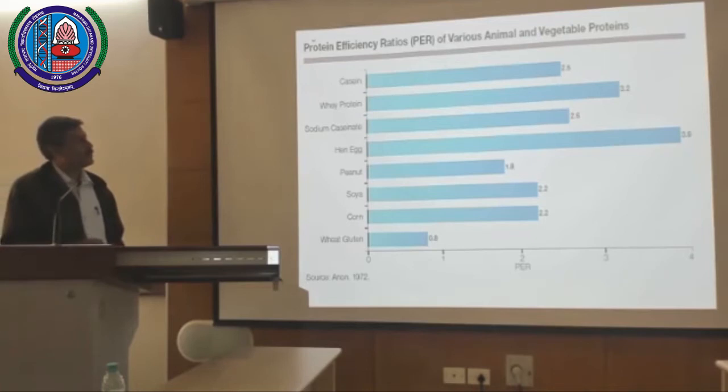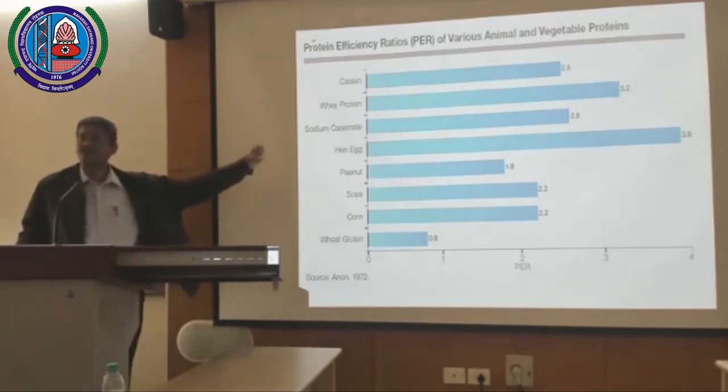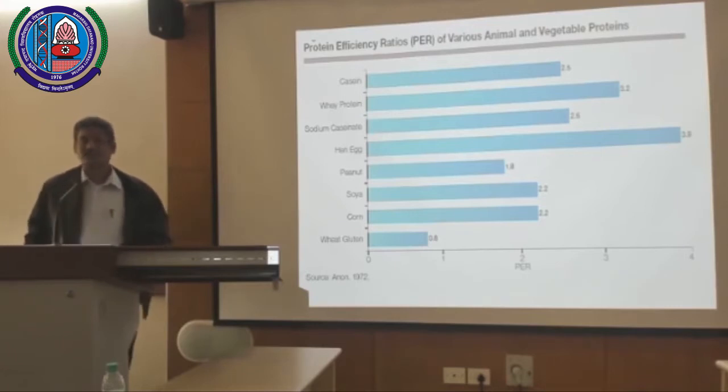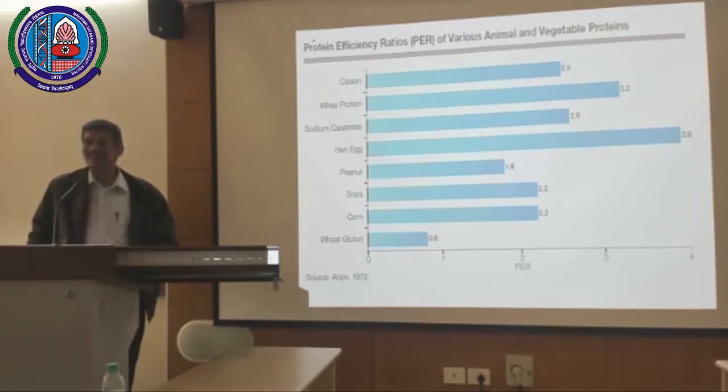So if you look at whey protein, and we talked about soya protein, now you get the answer. Please tell me which one is better protein. Anyone? Just a simple diagram. Whey protein is better. Hen egg is more, but when we compare soya and whey, whey is better.